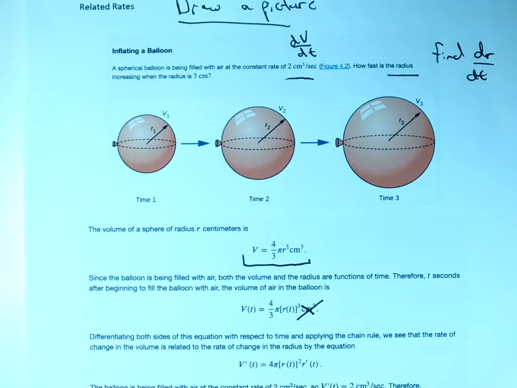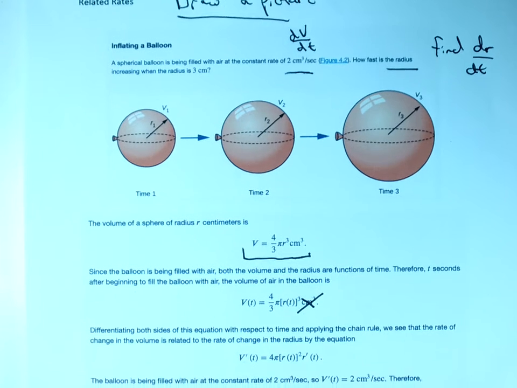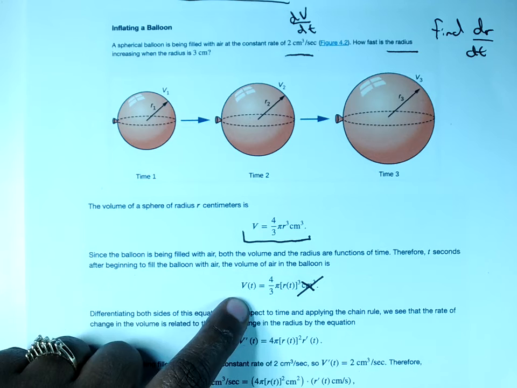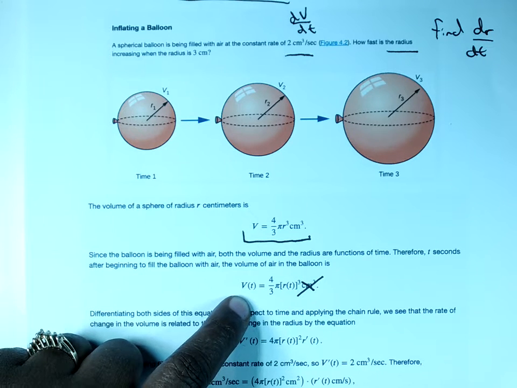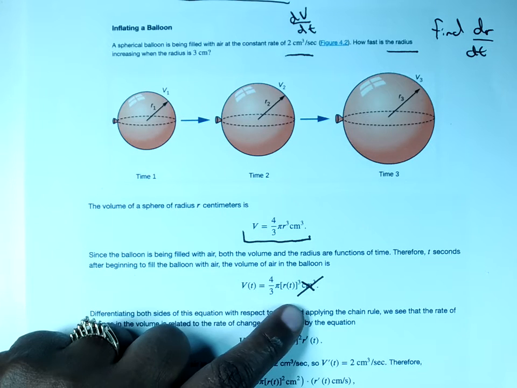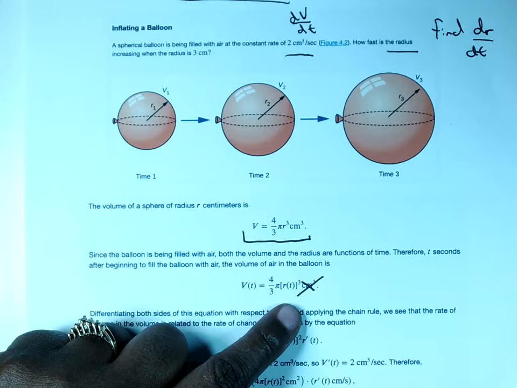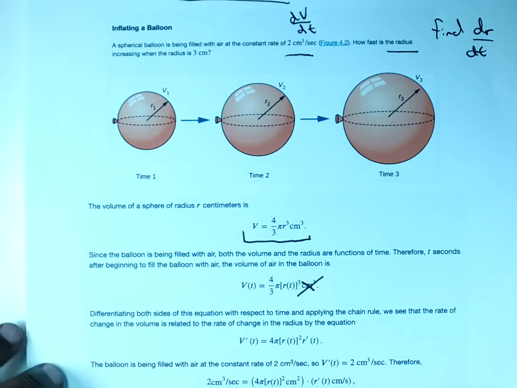But the formula is 4/3 pi r cubed, and that's for the volume of any sphere. And then I just did a little rewrite because we're talking about how things are changing over time. So volume is a function of time, and the radius is a function of time, which means I have to use the chain rule.